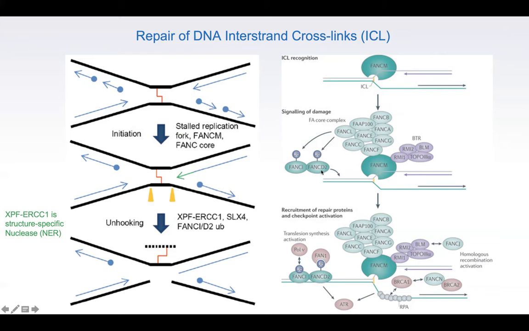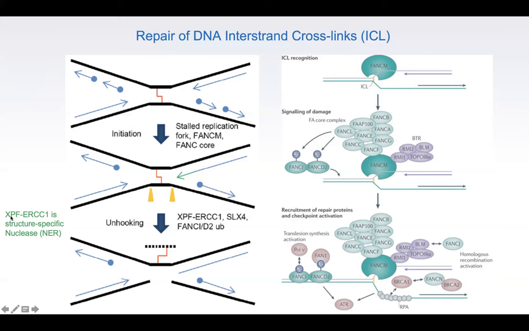By the way, FANCD2 and FANCI, these are the BRCA1 and BRCA2 that we've heard about in homologous recombination repair. But the rest of the complex is all needed for the recognition of this abnormal structure. So when they're recognized by the Fanconi complex, then one protein complex is recruited, and that's XPF-ERCC1.